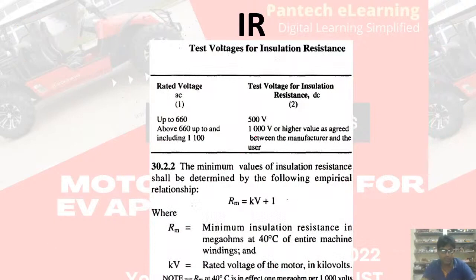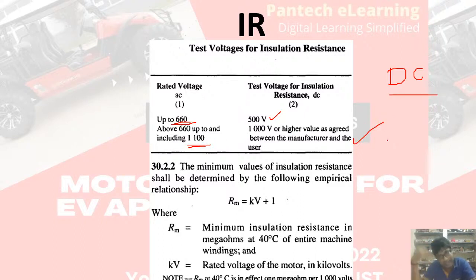Now the first thing, the insulation resistance test. For rated voltage up to 660 volt, if your machine is rated 660 volt, the insulation tester test voltage should be 500 volt DC. Above 660 and up to 1.1 kV, you can use 1000 volt.